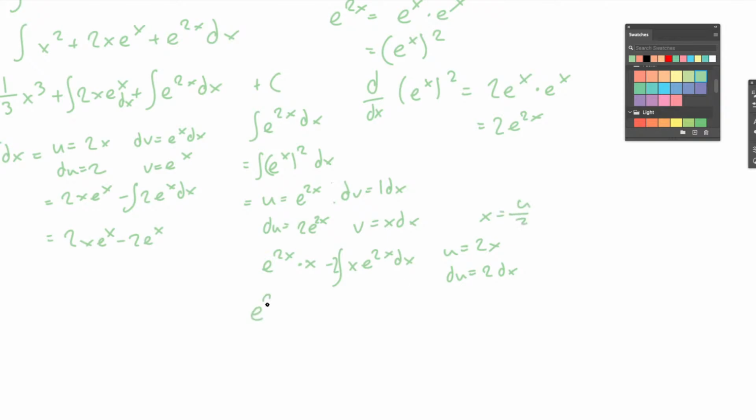So we get e^2x times x minus, that basically disappears, the 2 dx, so we get the integral of u over 2 e to the u du.